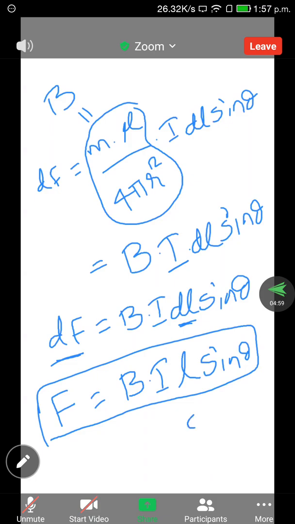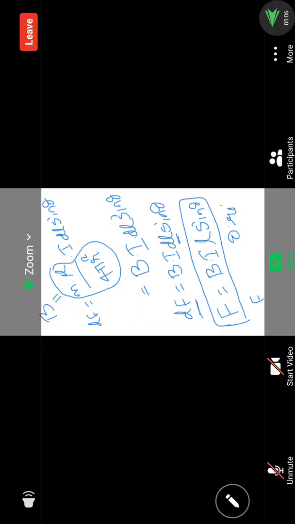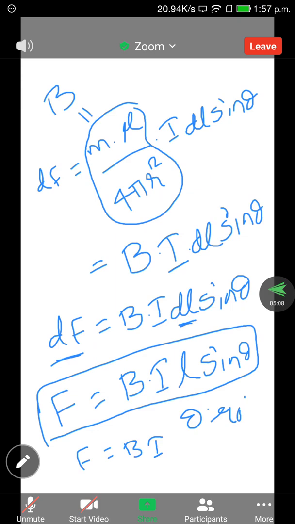For example, if we take theta as 90 degrees, then sin 90 is 1, so F is equal to B into I into L. We already know the unit of force is the Newton.